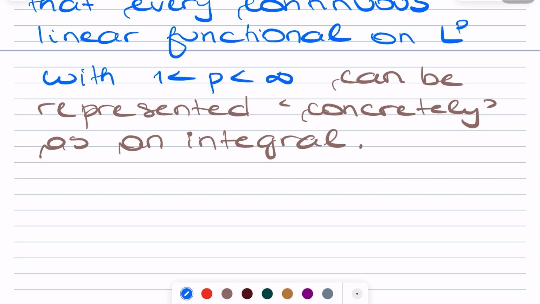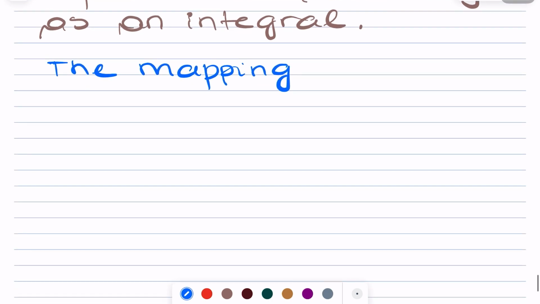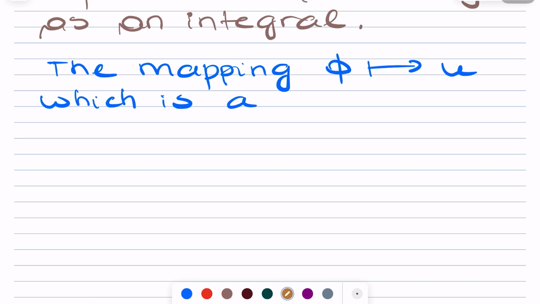Right, so the theorem also says that the mapping which at phi associates u, which is a linear surjective isometry, right?